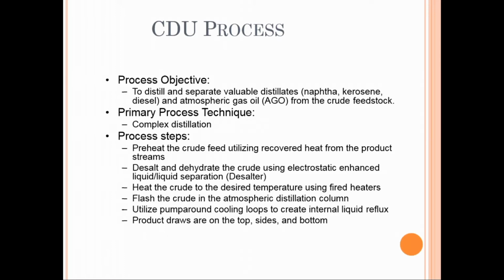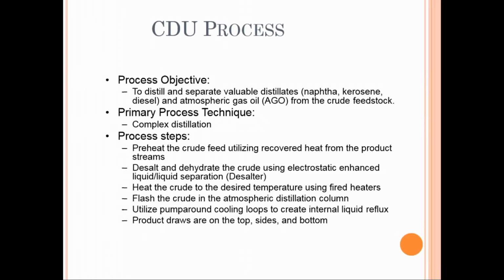Because of the difference in their boiling points, when the crude is heated up and run through the distillation column, like you saw in that video, the lighter components have very low boiling points. As the temperature increases, those lighter components are already going up the fractionating column to be collected at the top.